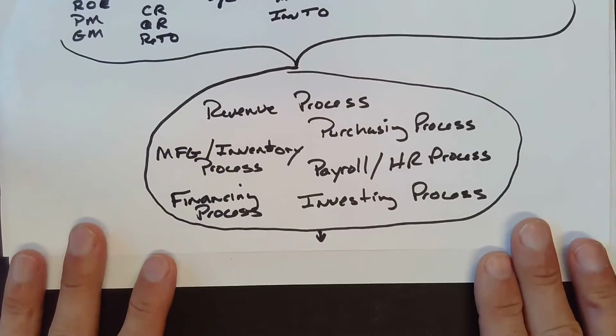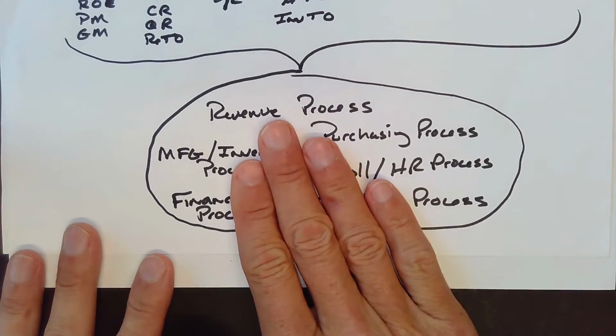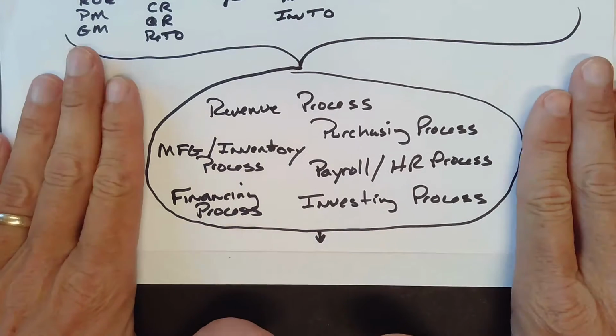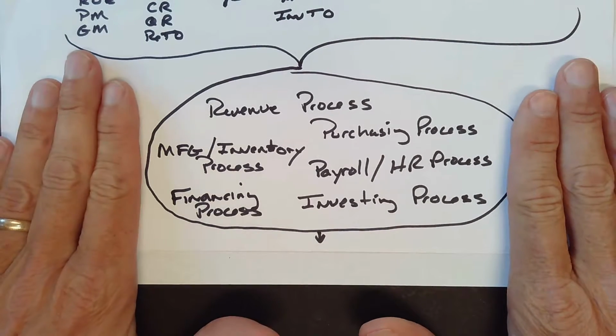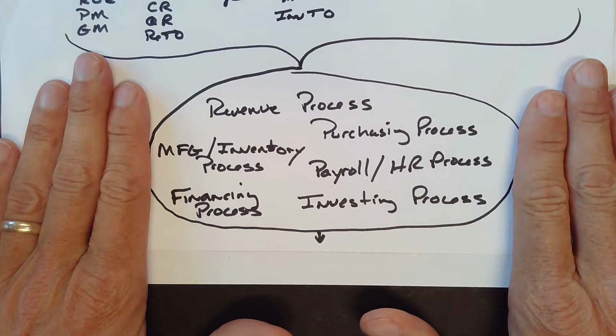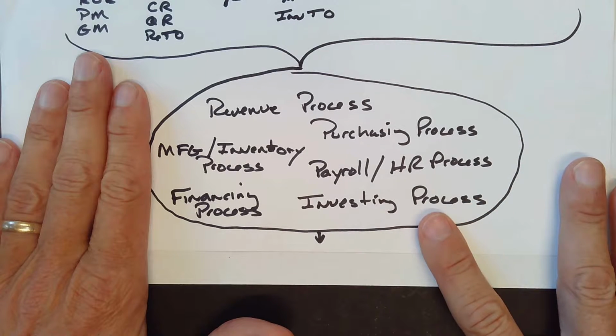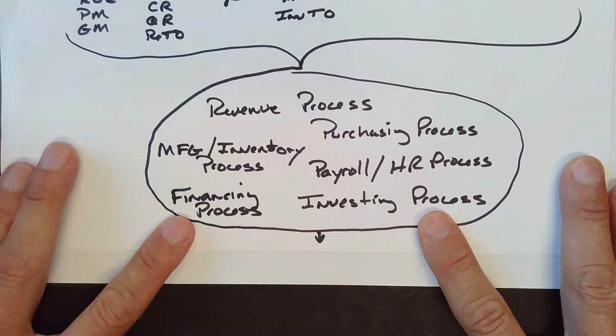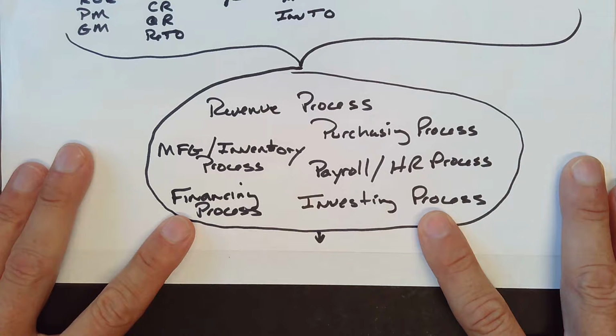But I really want you to focus your attention here in the processes, because when you look at the processes, they split pretty well between the three different components of the cash flow statement. So anything that's going through the investing process is going to go into the investing section of the cash flow statement. Anything going into the financing process is going to go to the financing section of the cash flow statement.